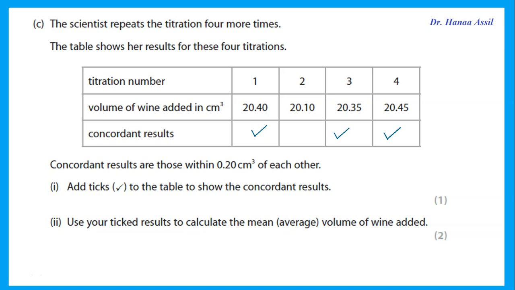The 20.1 is too far off, so we do not include it. And when we are told to calculate the average, we do not take that into consideration, so we're going to add the 3 that are concordant and divide by 3, so this comes out to 20.40.